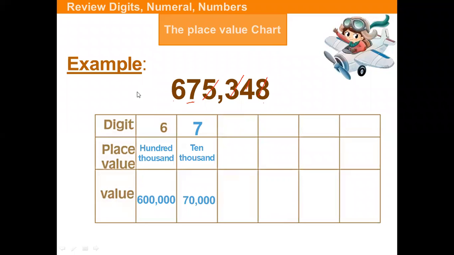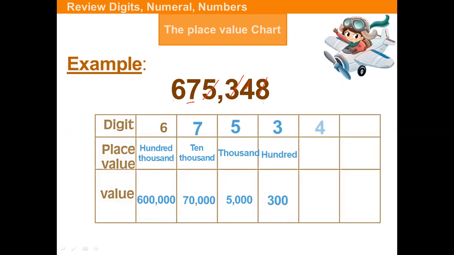Okay. What about the 5? 5 is 1,000. Okay, how many zeros for the 1,000? We have 3 zeros. And what about the 3? It's 300. So the place value is 100. What about the value? The value is 300 with 2 zeros.